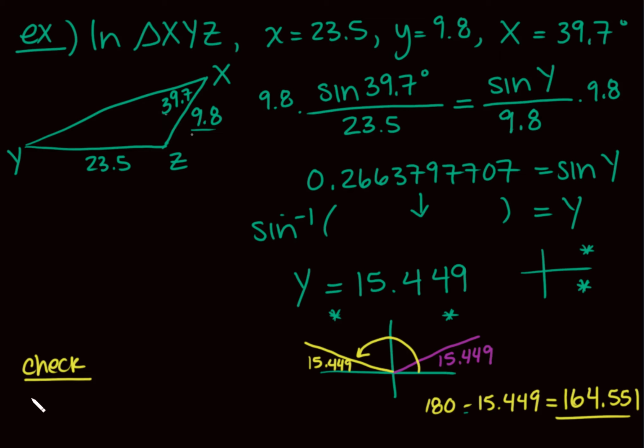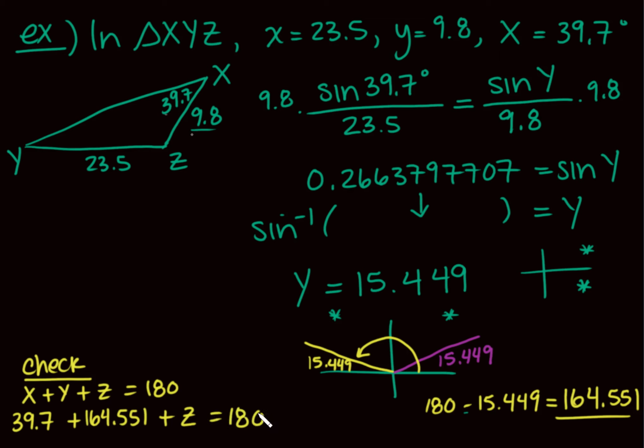Well, I'm going to look at what x is, right? I know that x plus y plus z must equal 180 degrees. Well, if x is 39.7 and y is 164.551, does that leave enough for z? That's the question. Well, it actually doesn't.